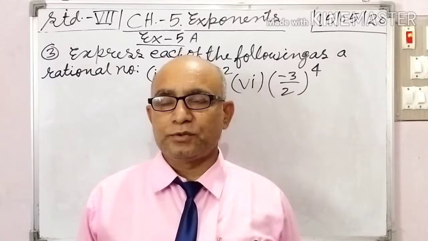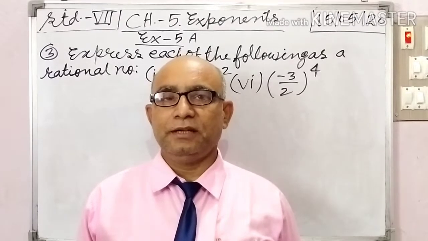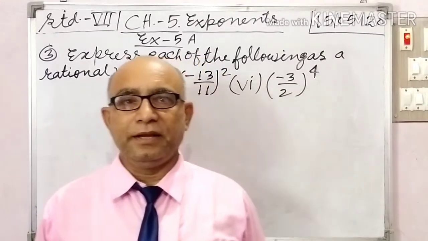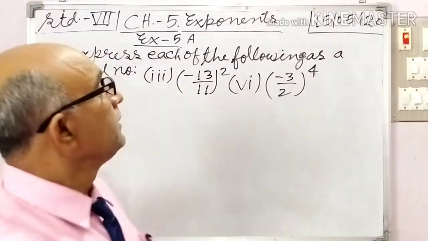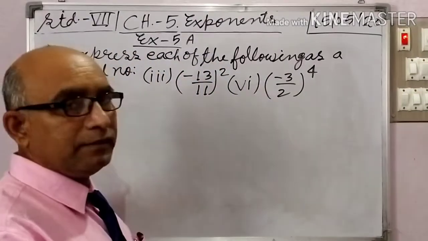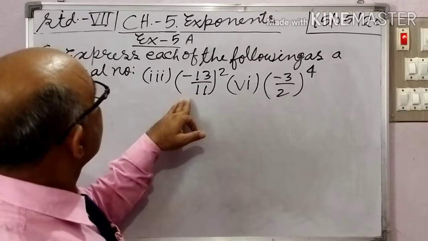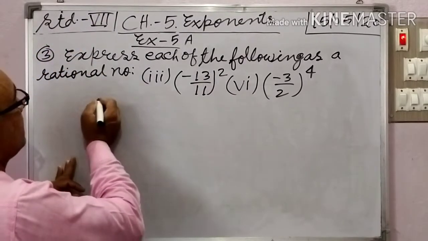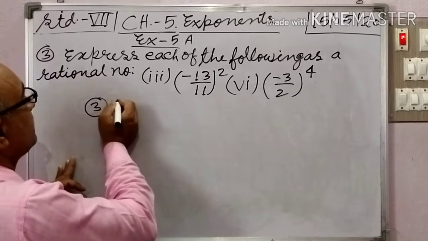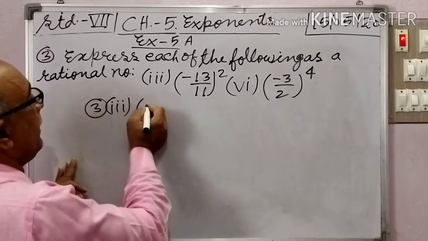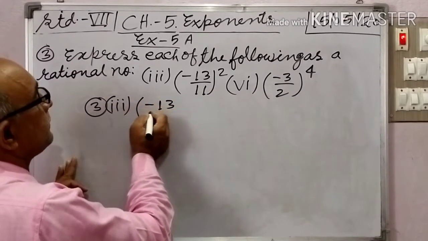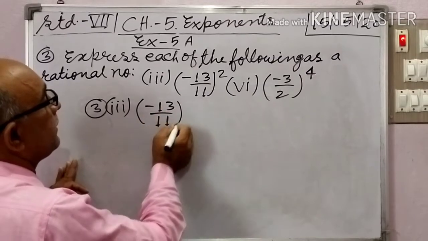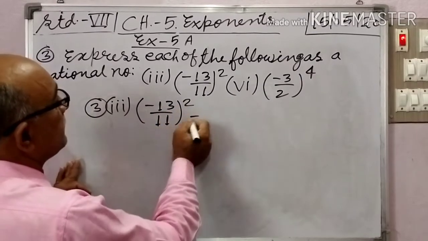Students, next question number 3 of exercise 5A: express as a rational number minus 13 by 11 square.